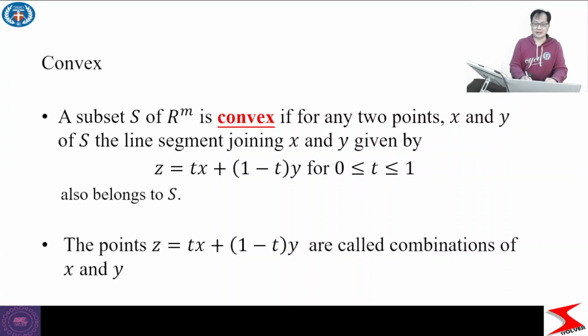A subset S of R^m is convex if for any two points x and y in S, the point on the line between x and y, given by z equals t times x plus (1 minus t) times y, where t is between 0 and 1, also belongs to S. We say that z is a combination of x and y that fulfills this equation.